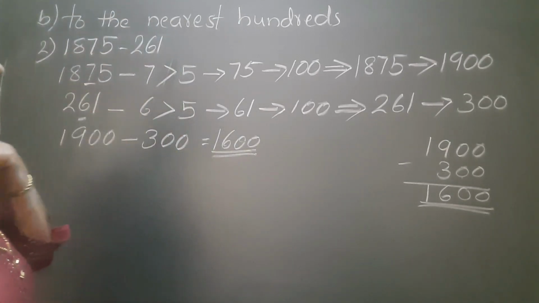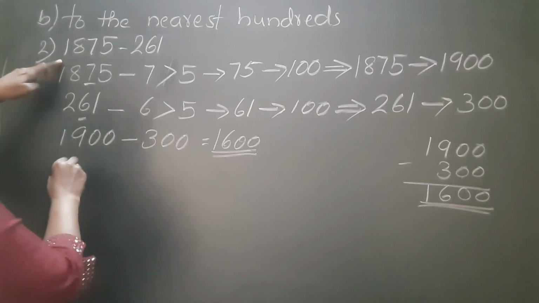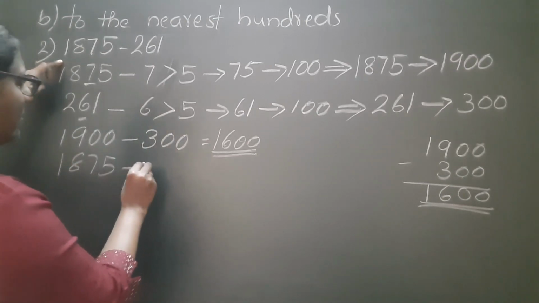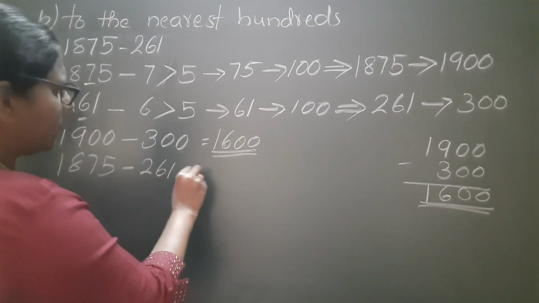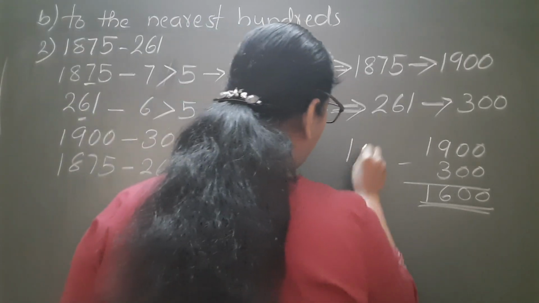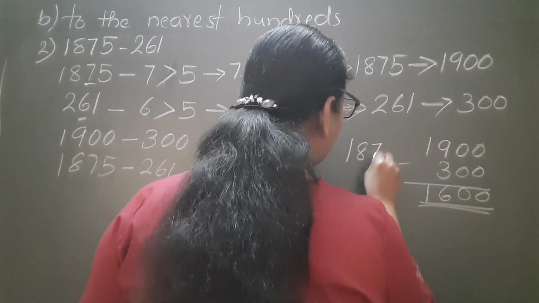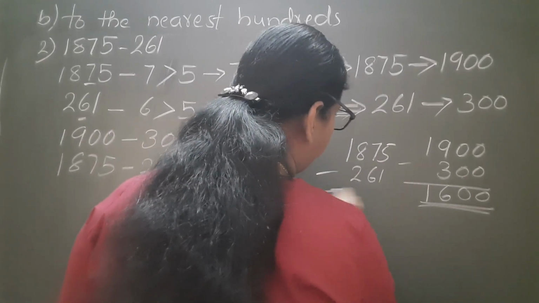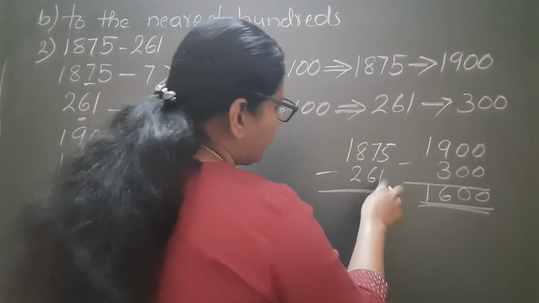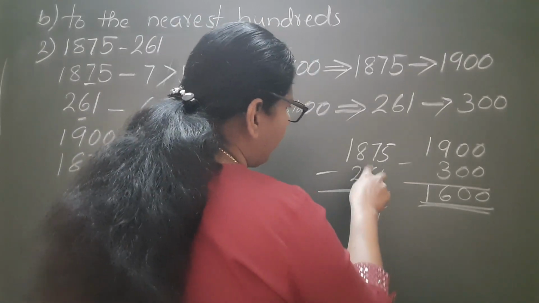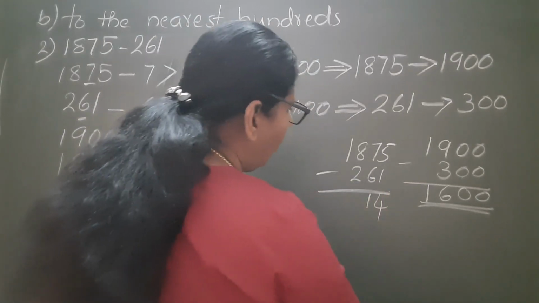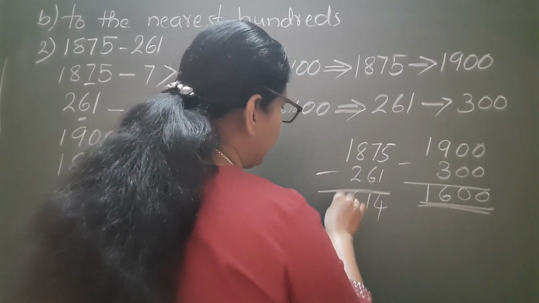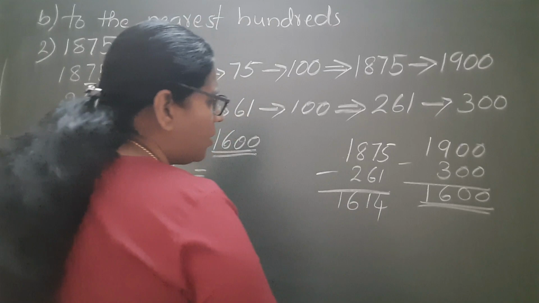Again, we have to compare with the actual difference. So 1875 minus 261. 5 minus 1 is equal to 4. 7 minus 6 is equal to 1. 8 minus 2 is equal to 6. 1 as it is, since there is nothing to subtract.